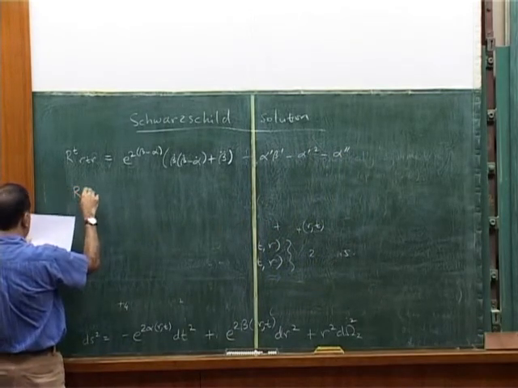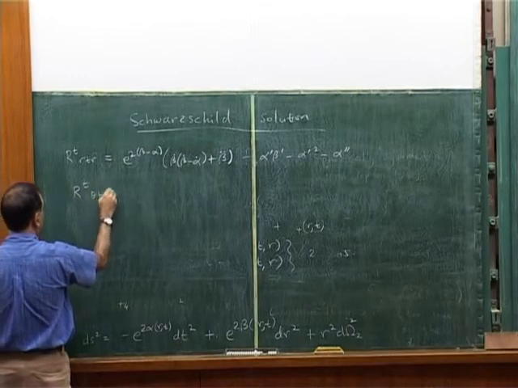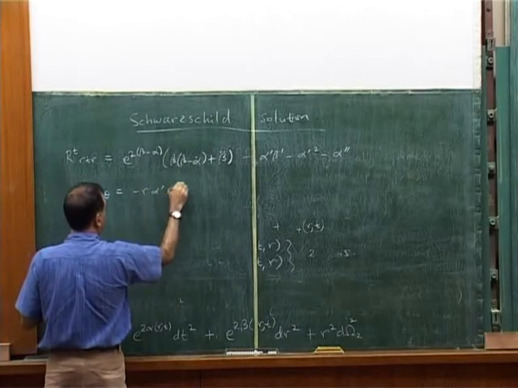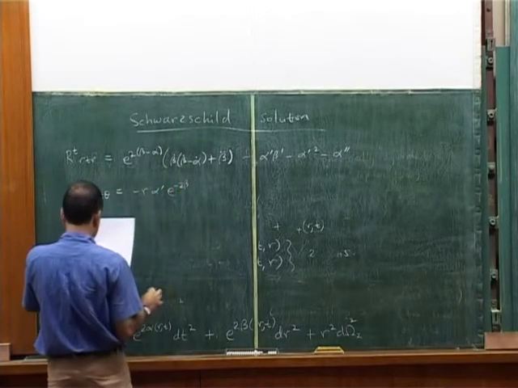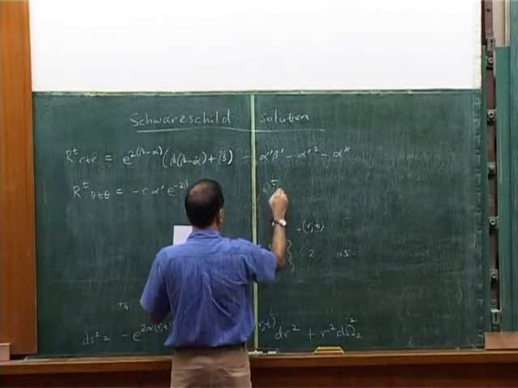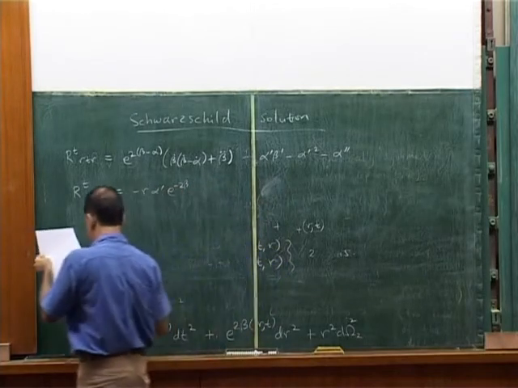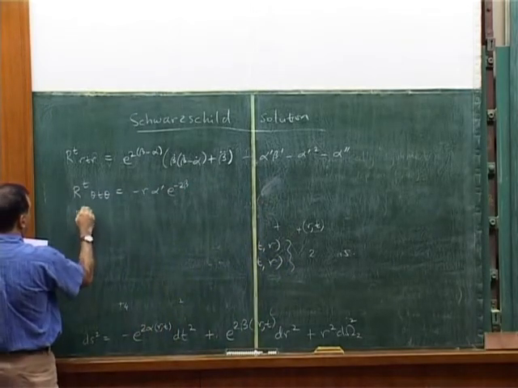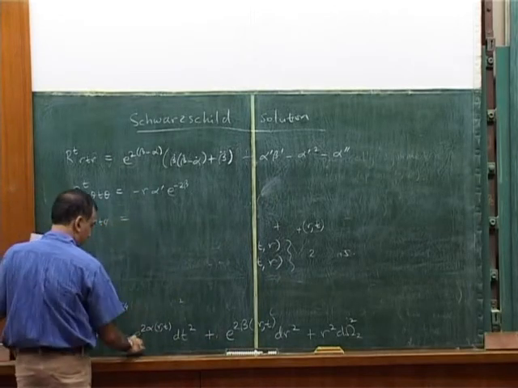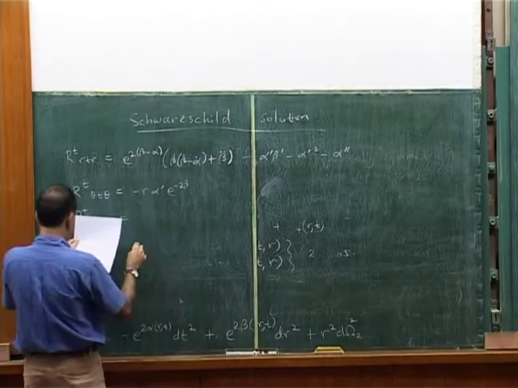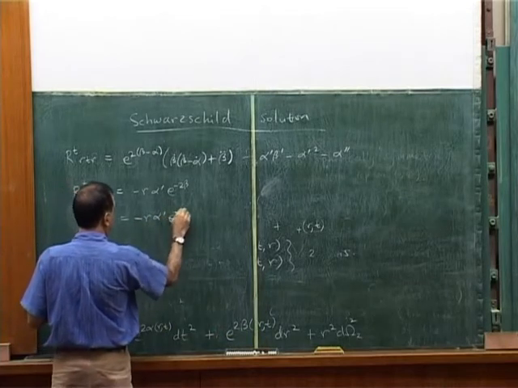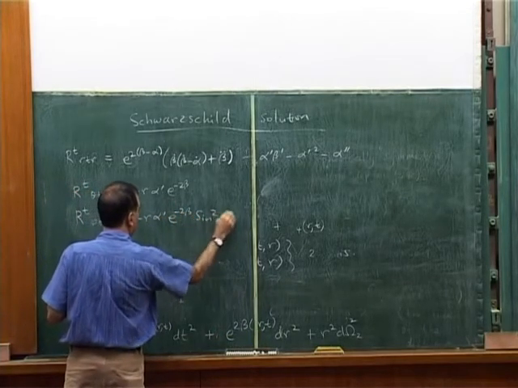This is the only somewhat lengthy one to write, the others are much simpler. So this one is minus r alpha prime e to the minus 2 beta, then r, okay, e phi c phi, similar, just with an extra factor of sine squared theta.